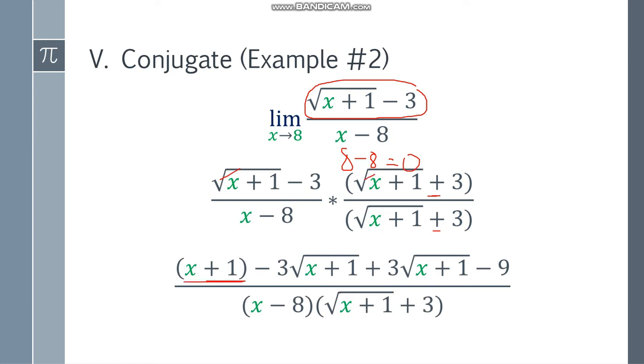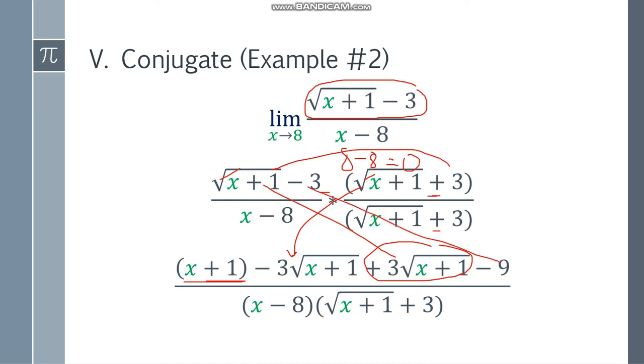Next one, the square root of x plus 1, multiply mo sa 3, FOIL method lang tayo. Sorry, this one yan. Itong negative 3 times mo siya sa square root of x plus 1. Kabaliktad lang. So, maka-cancel out naman din siya mamaya. Negative 3 times 3, that will be negative 9.